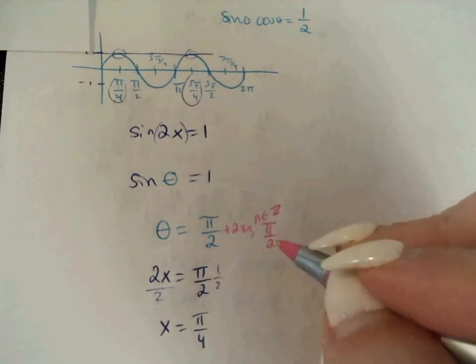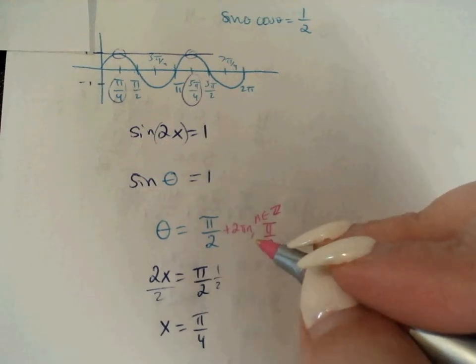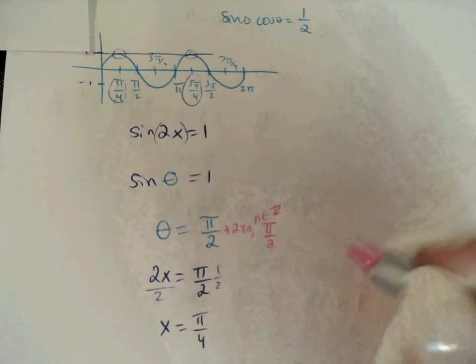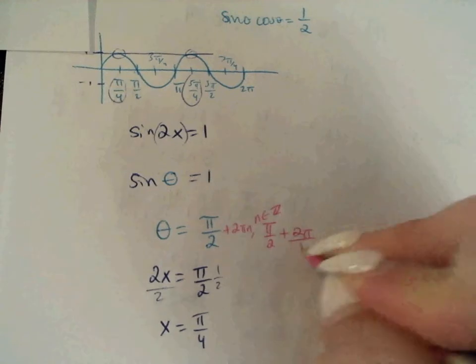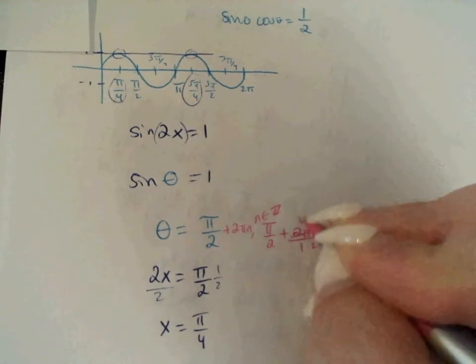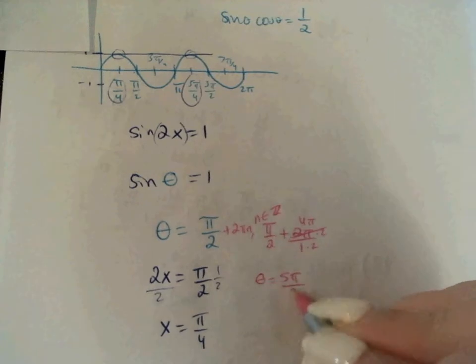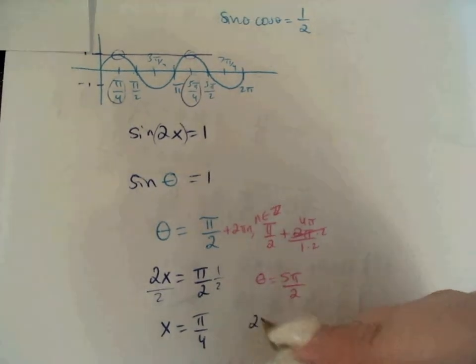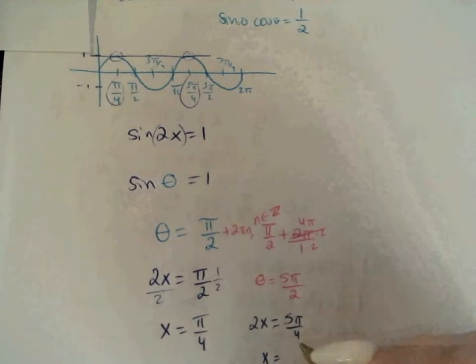So pi over 2 plus one rotation, or any number of rotations, is going to be the same answer. So pi over 2 plus 2 pi, so 2 pi is over 1 times 2, that's 4 pi. So that would mean when theta equals 5 pi over 2 also works. Now, if I let theta be 2x again, and then I solve by multiplying 5 pi over 2.